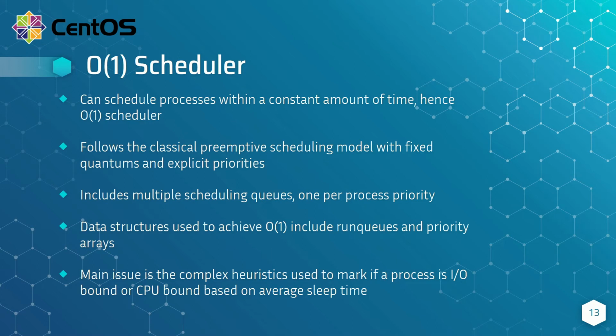This is not optimal, since it analyzes how much a process sleeps and then determines if that is an I/O bound or CPU bound process. An I/O bound process is then given a bonus, whereas a CPU bound process is penalized.